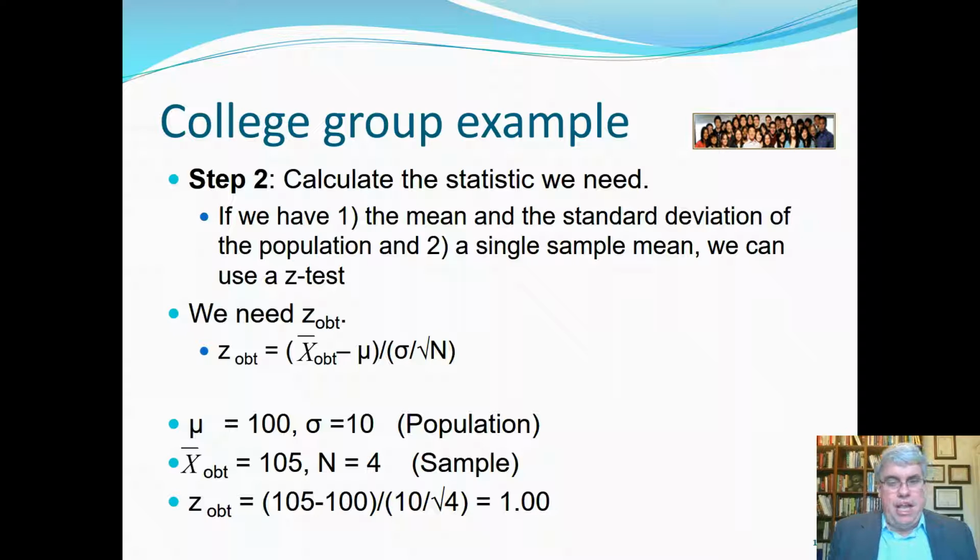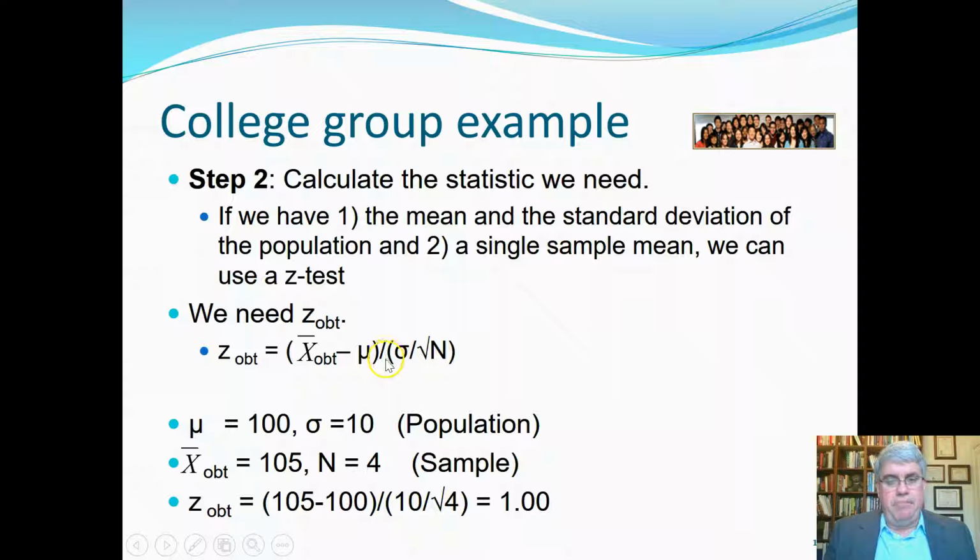But looking at how we would manually find the Z obtained for the Z test, we're going to use the equation: Z obtained is the X bar obtained from the sample, which would be 105 in this case, minus mu, the population average, what the average of the group was before the outreach activity. That was 100.